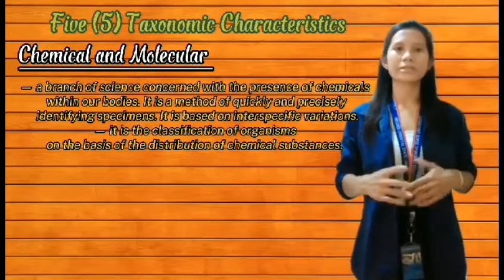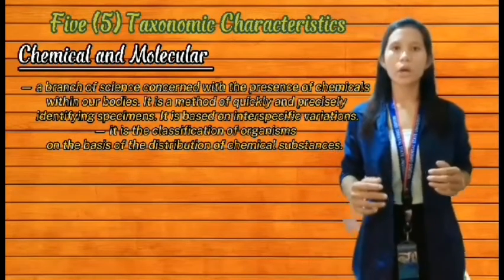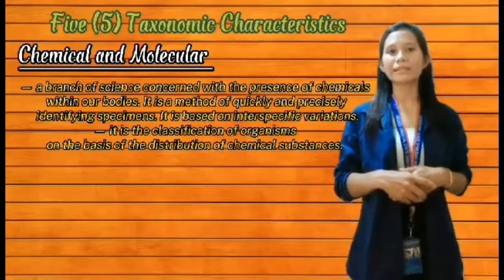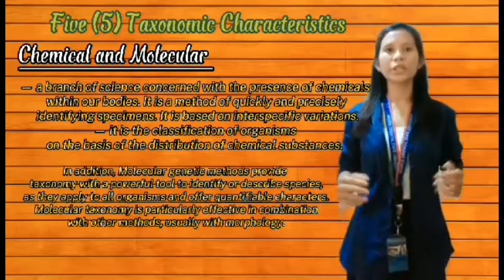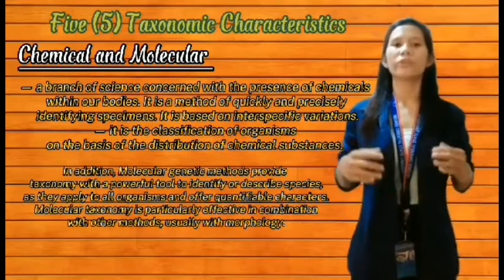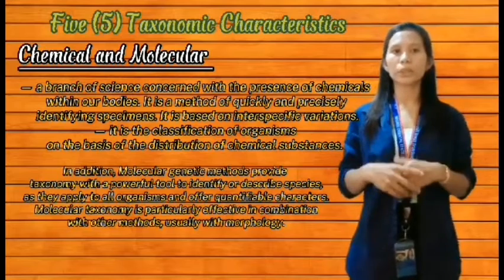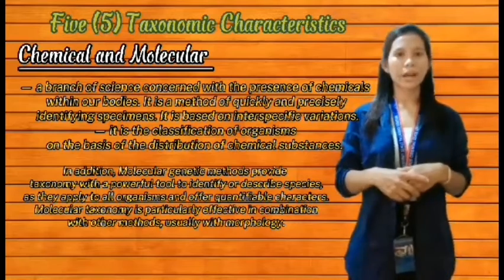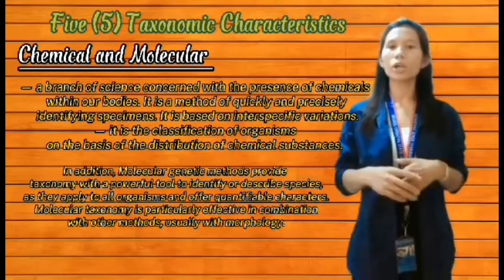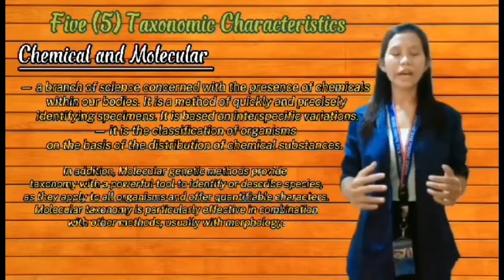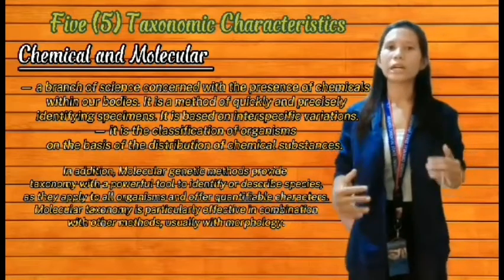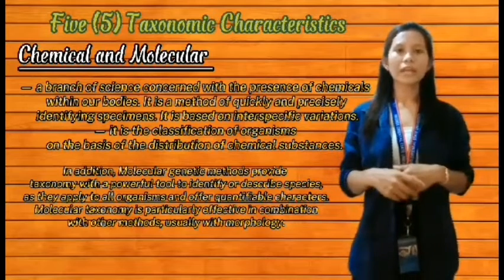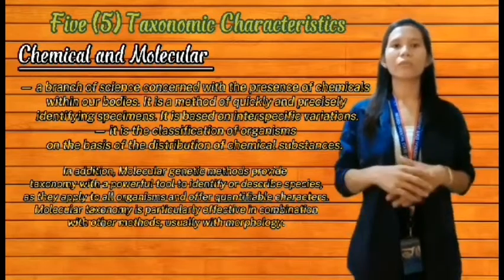Molecular taxonomy is the classification of organisms on the basis of the distribution and composition of chemical substances, and in addition, molecular genetic methods provide taxonomy with a powerful tool to identify or describe species as they apply to all organisms and other quantifiable characters. Molecular taxonomy is particularly effective in combination with other methods, usually with morphology.